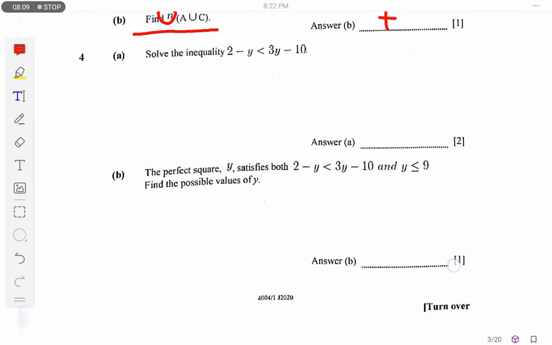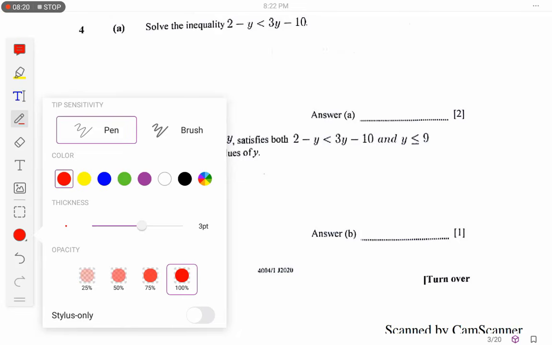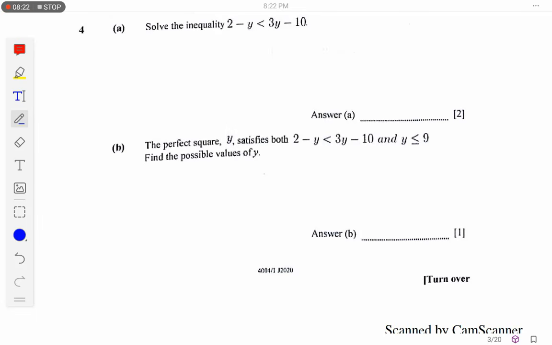Okay, let's move on. We are now on number 4. Number 4 is saying solve this inequality. So when we are solving inequality, you can solve them in a similar way we solve equations. Okay, so I can take the y values on one side, the numbers without the y's on one side. So I'm going to take 3.